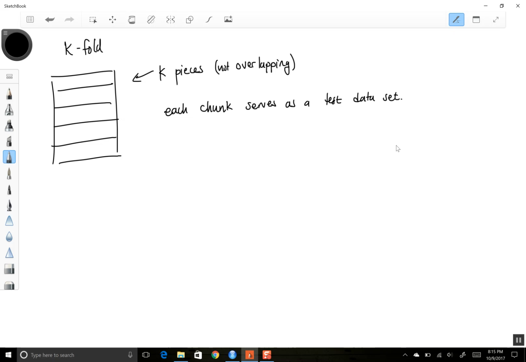And because of that, the variance of your estimate is much lower for k-fold cross-validation. Oftentimes we use k equal to 5 or k equal to 10 because those are generally good numbers, but there's no rule against using values much bigger or smaller.